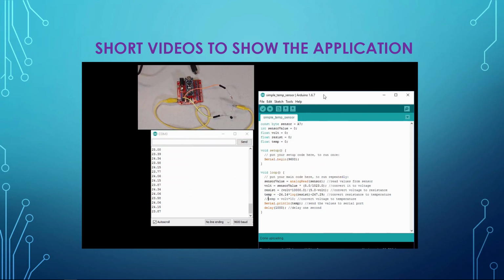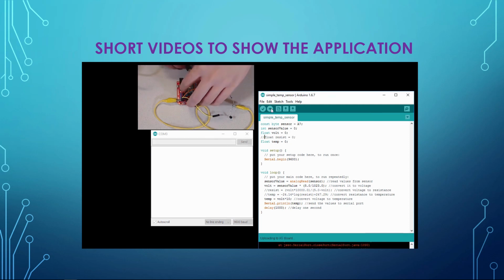Okay, I'm gonna change the code slightly here. I'm gonna comment out this line and this line here. Okay, so now we convert voltage to temperature directly without converting voltage to resistance. So we don't need this. And let's see what we've got.